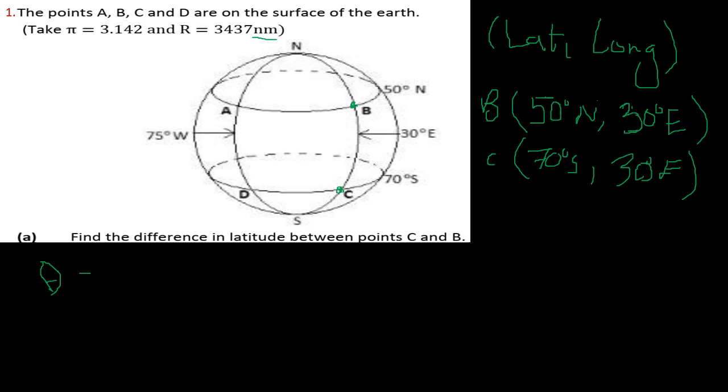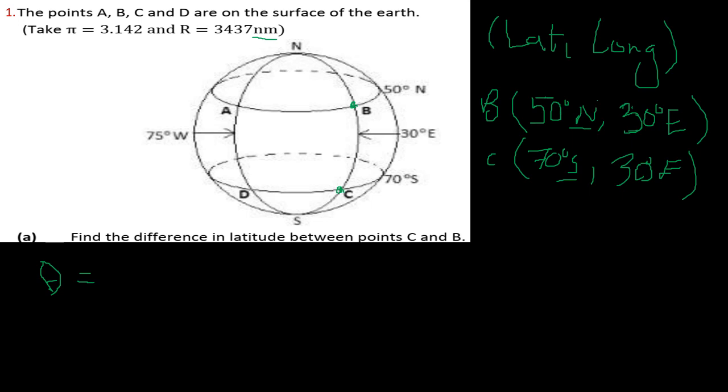Theta is simply difference. For the difference in latitude, you should take note of the signs or perhaps the directions. Whenever you have directions which are different from each other, in this case north and south, you add. Same directions you subtract.